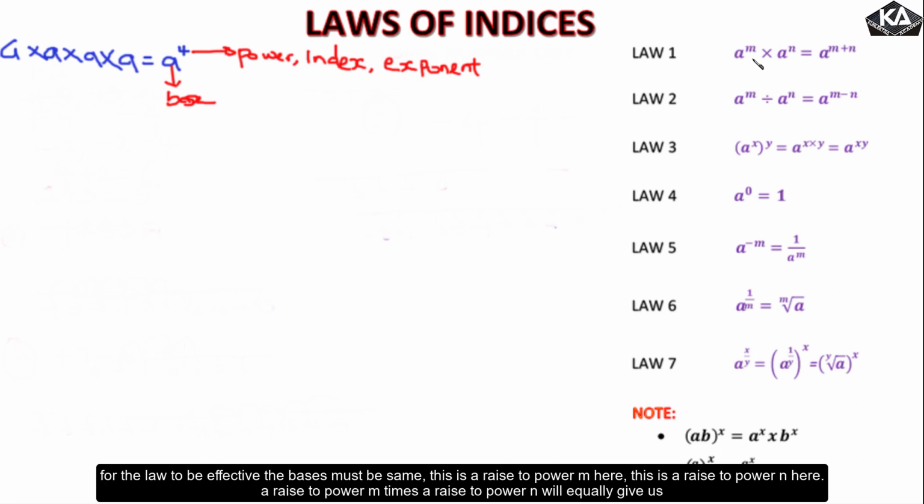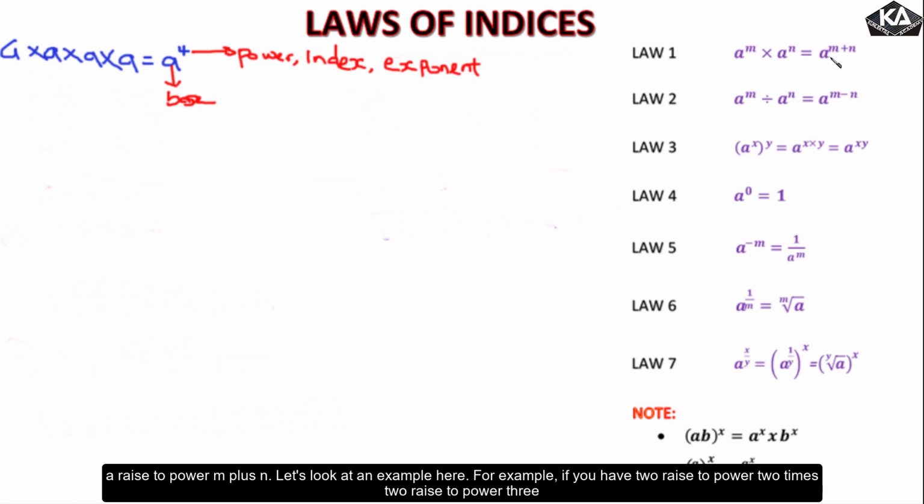For the law to be effective, the bases must be the same. This is a raised to power m here, this is a raised to power n here. Now a raised to power m times a raised to power n will equally give us a raised to power m plus n.